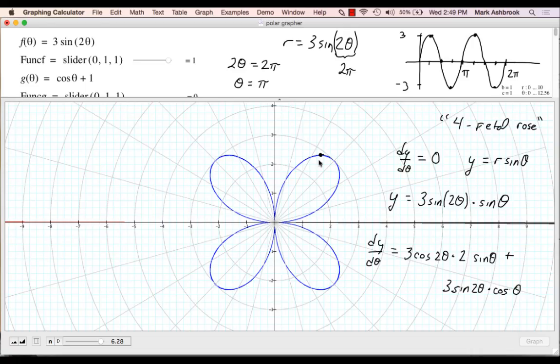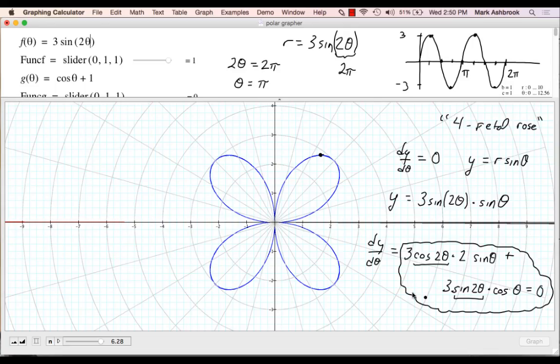Okay, and if we want the high point, like we said before, we want dy d theta to be 0. And so now we have to use some identities. We remember we had identities for cosine 2 theta back in the day when we were doing integrals, and sine 2 theta, so we got to get all our cosines and sines in terms of the argument just theta. Then we can combine some things, factor some things.